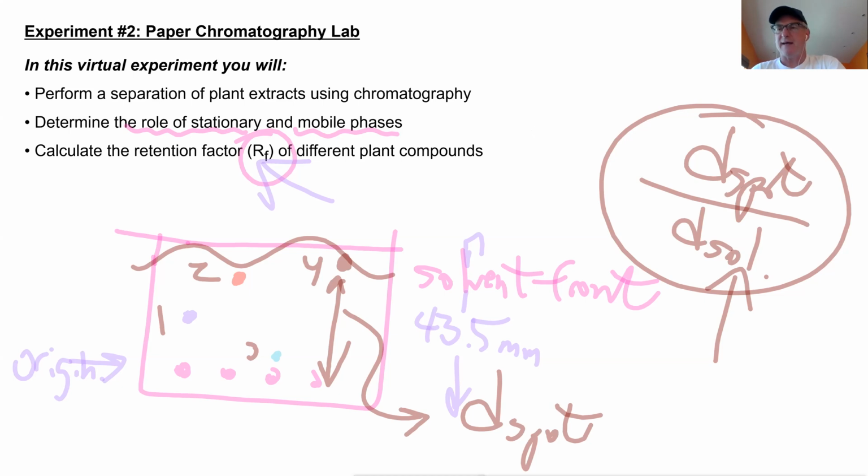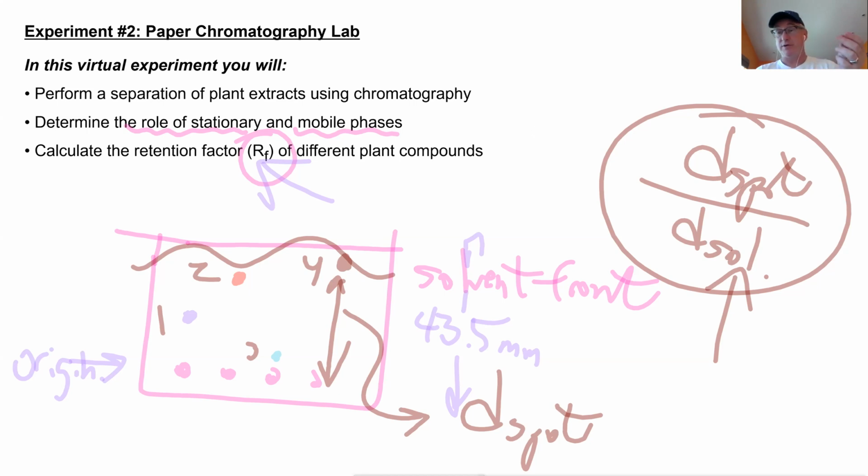Right. Generally, the amount we spot shouldn't really affect how far that spot moves. If you spot too little, you're not going to see it, but it shouldn't really affect.